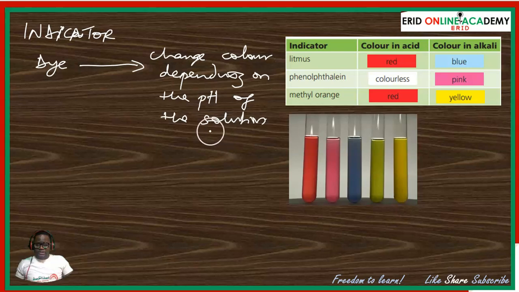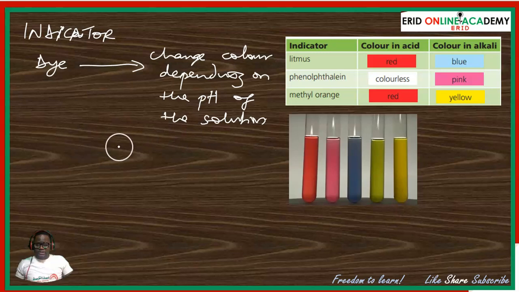A substance is useful as an indicator if it can change its color depending on the pH of the solution. We are going to be discussing types of indicators within this particular curriculum.